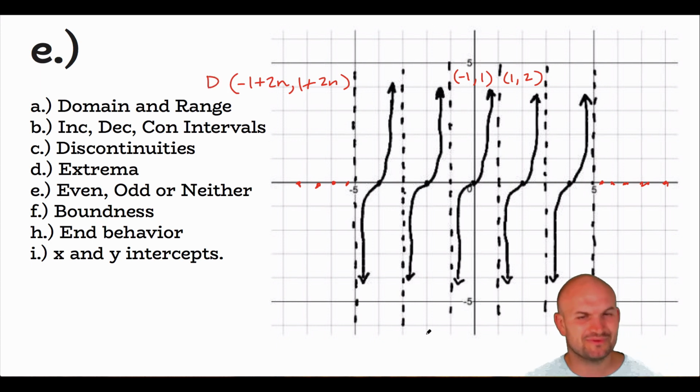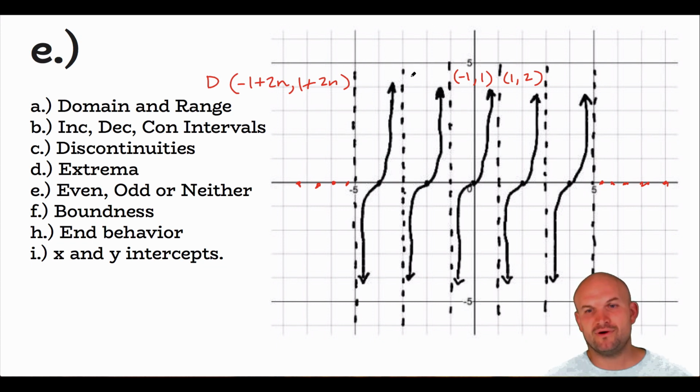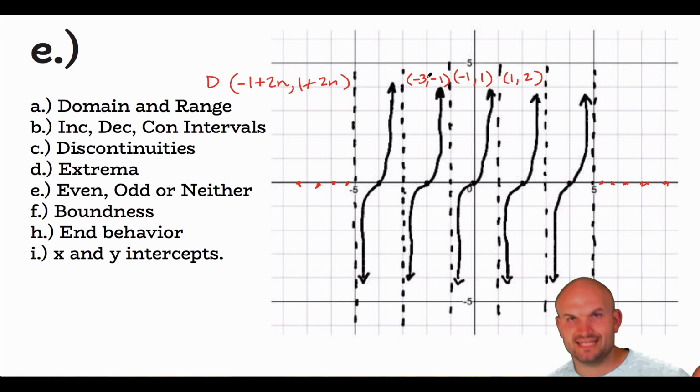This is something we'll spend a lot more time on, but n really just represents a number. If n is 0, my domain is -1 to 1. If n is 1, then my domain is 1 to 3. If n is -1, then I would have my next domain, which is -3 to -1. So you can see how n representing any number can give us this domain.